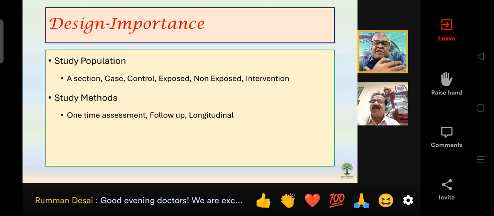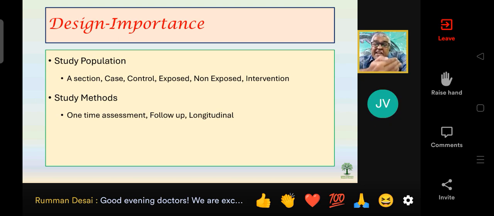So it's important in the sense that every design gives you a fair idea of how the study population is identified. The study population can be identified as a section of a population. Maybe in a specific design, it involves selecting people with the disease and comparing them with people without the disease.